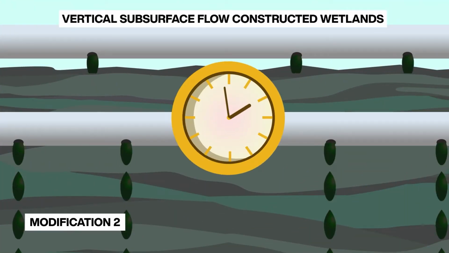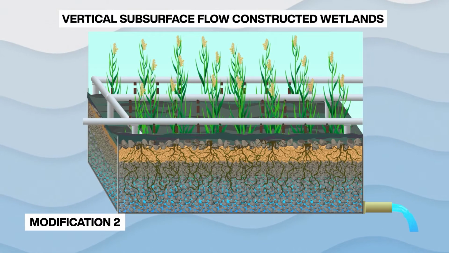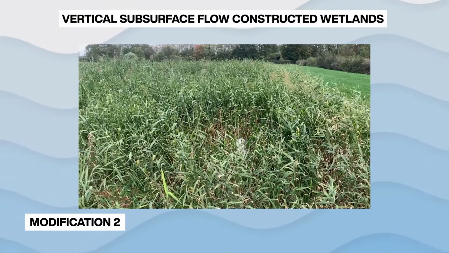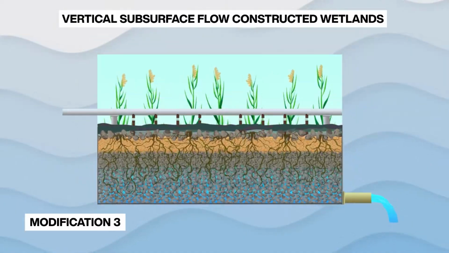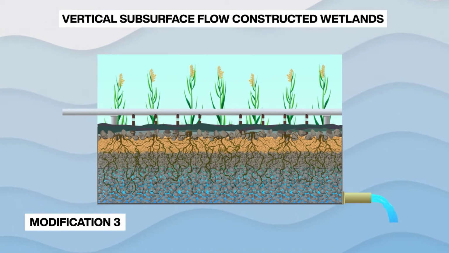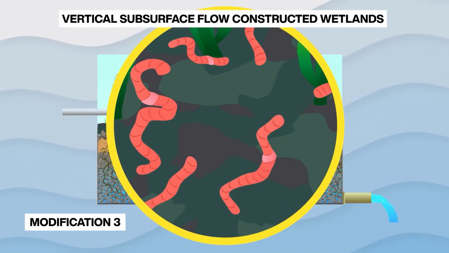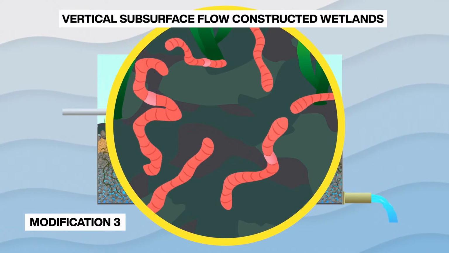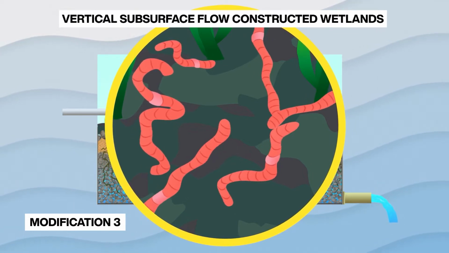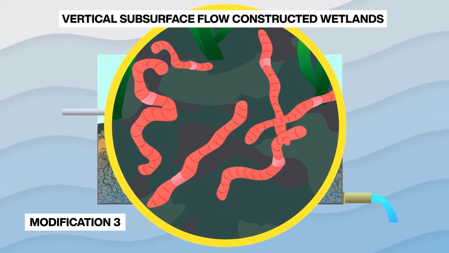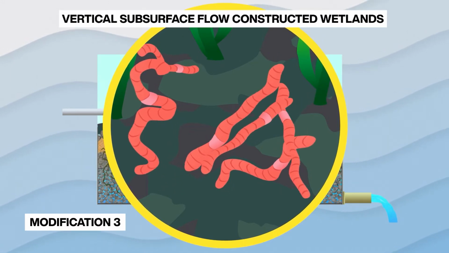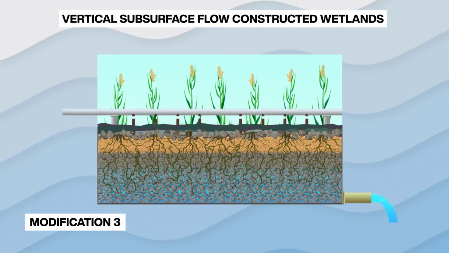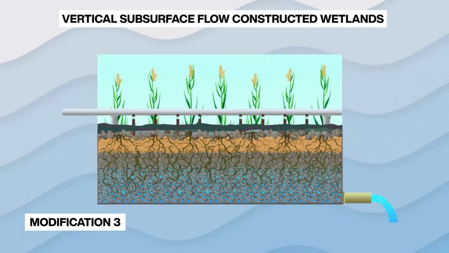The influent wastewater is apportioned in set intervals. Modification 3. The top layer of the constructed wetland, which contains hydromorphic soil, gets populated by earthworms, which convert detritus into high-quality organic fertilizer. Thus, the influent receives effective treatment, and the obtained fertilizer can be successfully applied in agriculture.